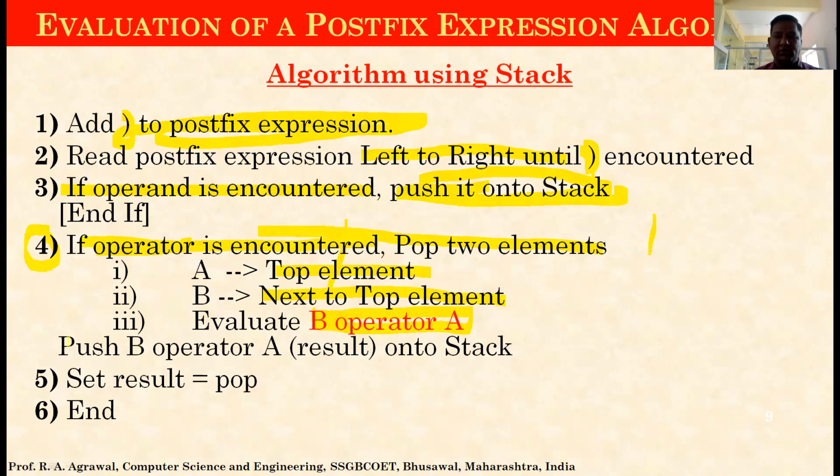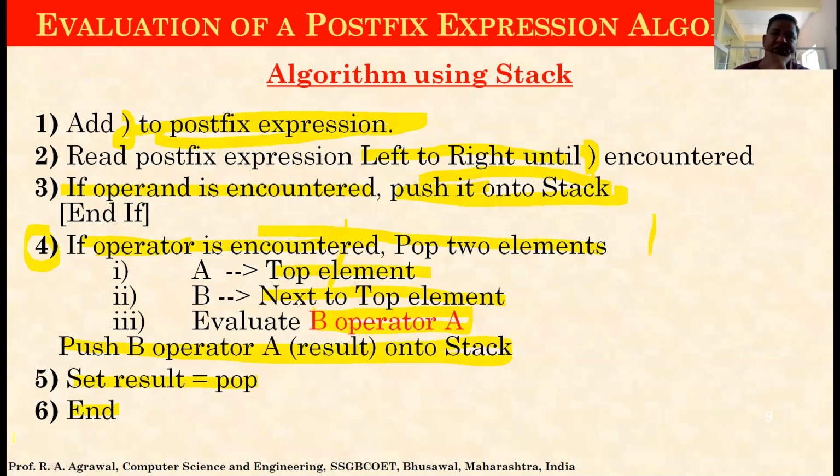Then set result equal to pop, and then you can exit. Whatever is the result, that will be the final result that you can pop. We will see one example of how this algorithm works in order to understand it much more clearly.